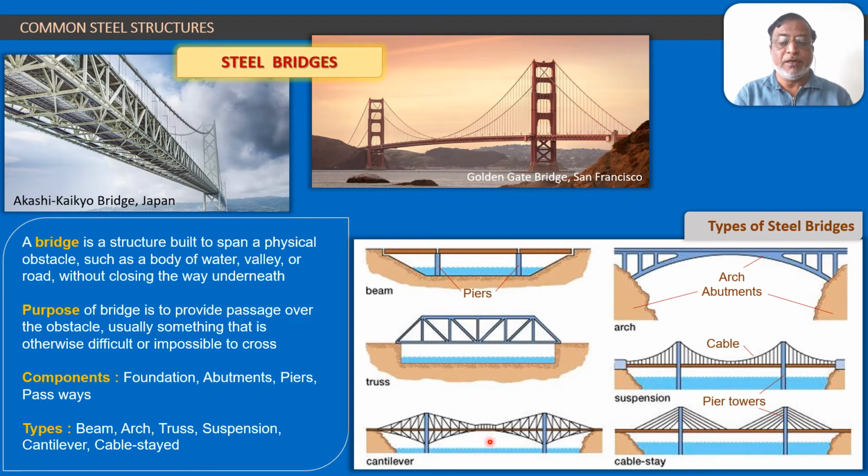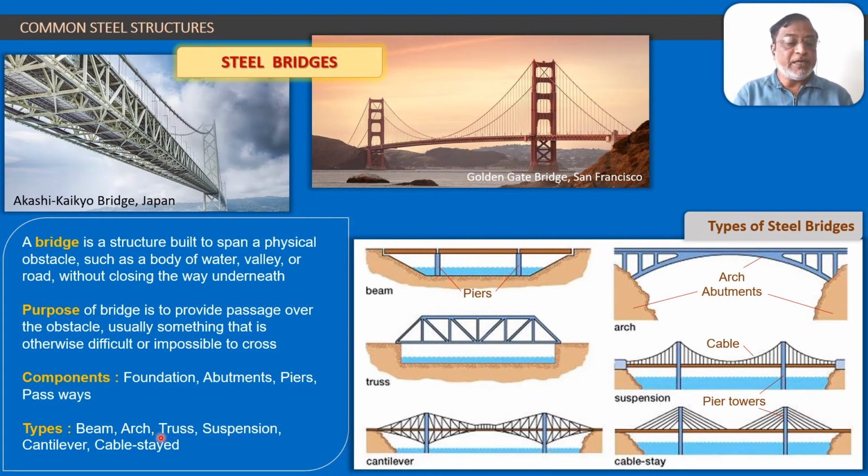So from each pier on both sides, you get cantilevers projecting out, and at the center they meet, but there is no support at the center. Just as a cantilever has got one end free and the other end fixed, these are cantilever types of bridges.